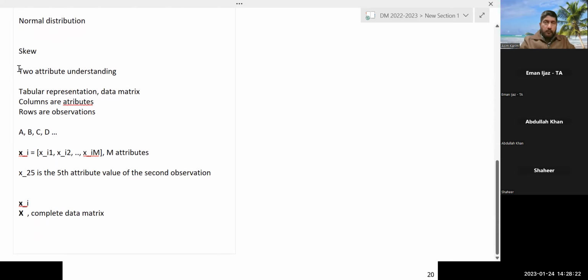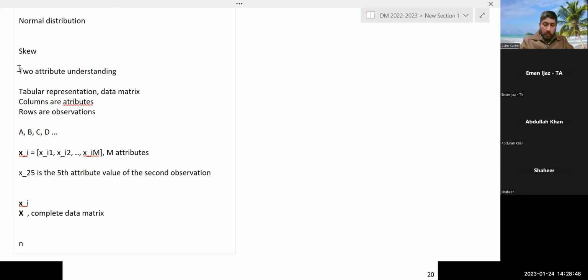All right. So now let's go back to our two attributes. We would like to understand the relationship between two attributes in our data set. Now the two attributes can be various combinations. We talked about two primary types of attributes, numeric and categorical.